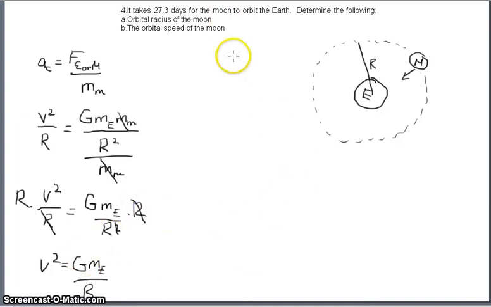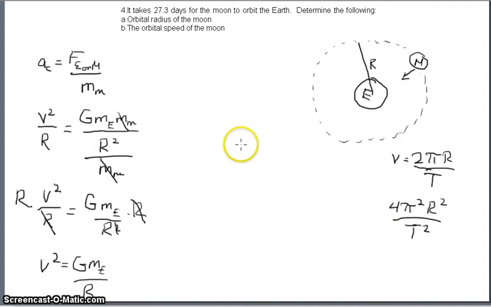Now if we look at this, we're only given the period, so this speed here is going to be 2 pi times the orbital radius divided by the time it takes for one complete circle of the Earth, which is 27.3 days. So if I square v to substitute this in over here, I get 4 pi squared R squared all over T squared.